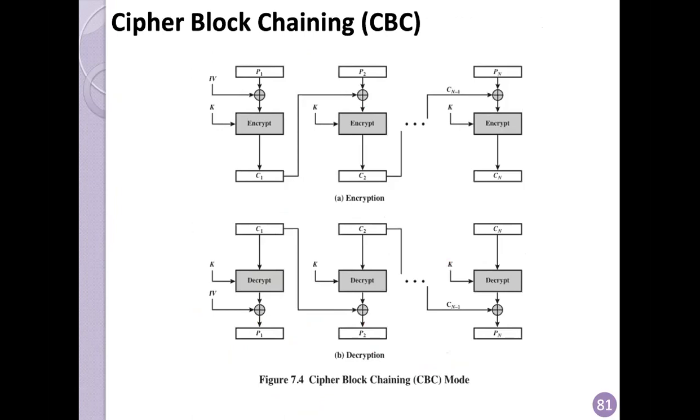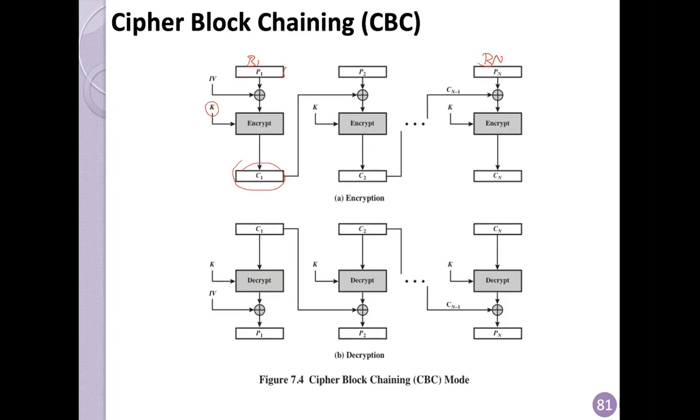In cipher block chaining, this figure shows it in a very easy and understandable way. Of course, these are our blocks. They are named here P1 to Pn, but this is in fact block number 1 to block number n. So you get your block number 1, you encrypt it using the key, and then you get the ciphertext.